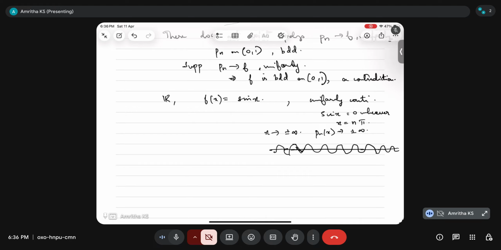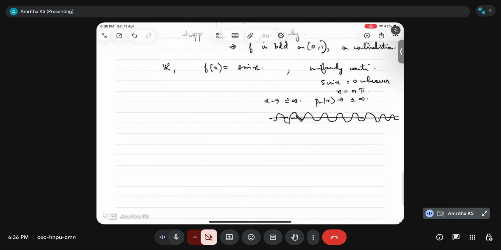So all these things get violated, and one can see that sin x cannot be uniformly approximated through polynomials. Okay, please write it down and see. So then let's do some general exercises.